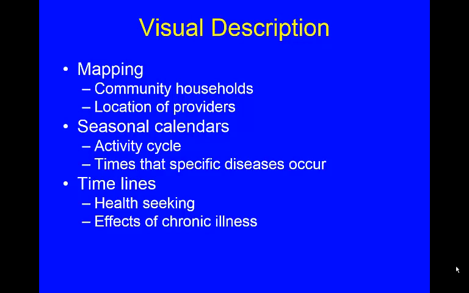And then one that I've used fairly recently, the effects of chronic illness. Once your hypertension became very disabling, what happened to your household livelihood? Did anybody help you with that? What were the costs involved? How did you manage to raise the money to meet those costs, and so on and so forth? All of this along a timeline.